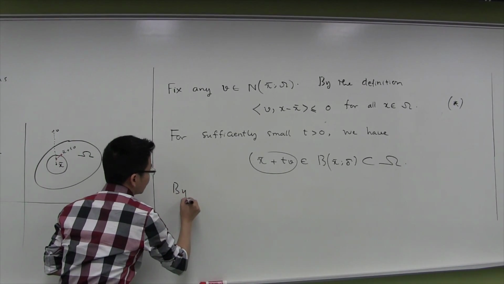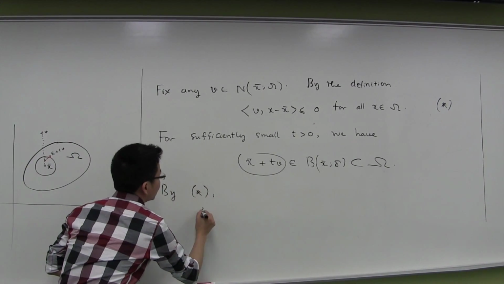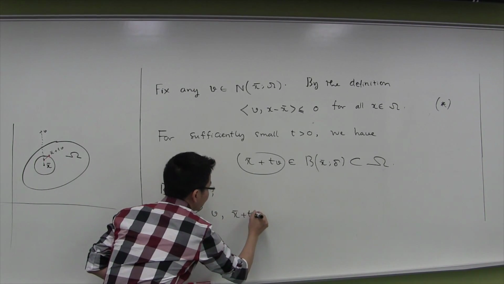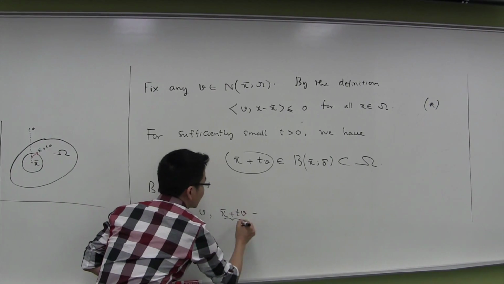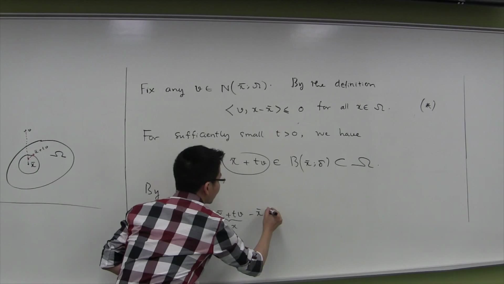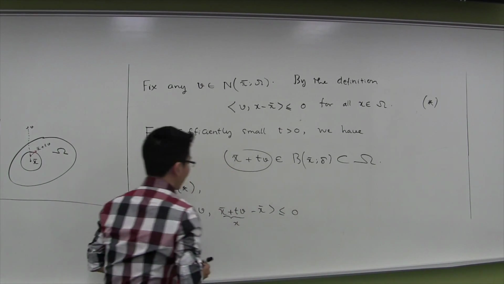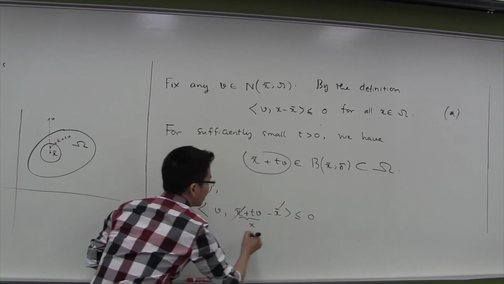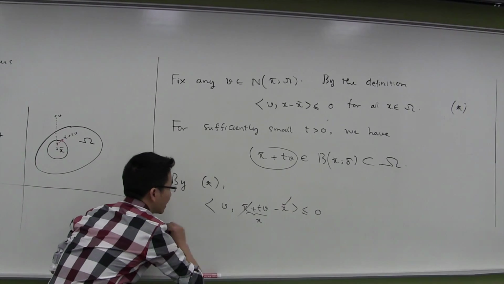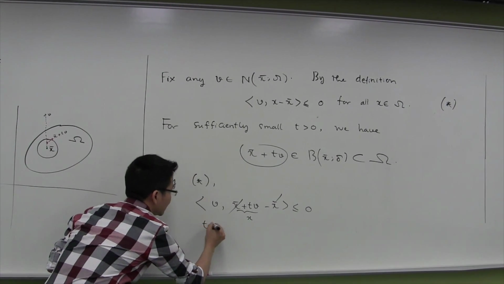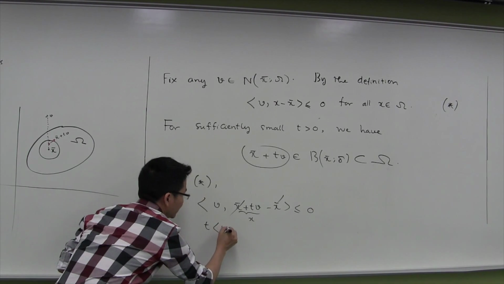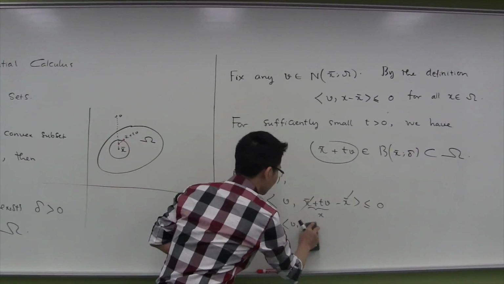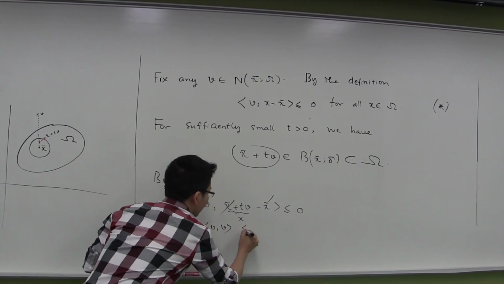By star, the inner product between v and x bar plus tv minus x bar is less than or equal to 0. Okay, and from here we can simplify x bar and then have the following: t times the inner product of v and v is less than or equal to 0.